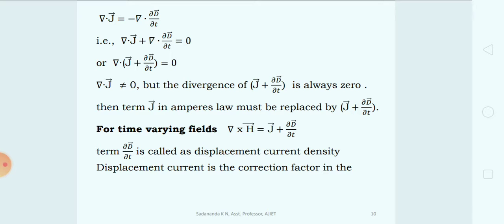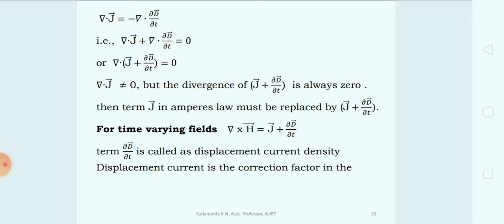That means the divergence of vector J plus the divergence of dou by dou t of vector D, taking the right hand side term to the left hand side, is equal to 0. So one equation we got. Now the divergence is the common term, taken outside the bracket. So divergence of J plus dou by dou t of vector D is equal to 0.